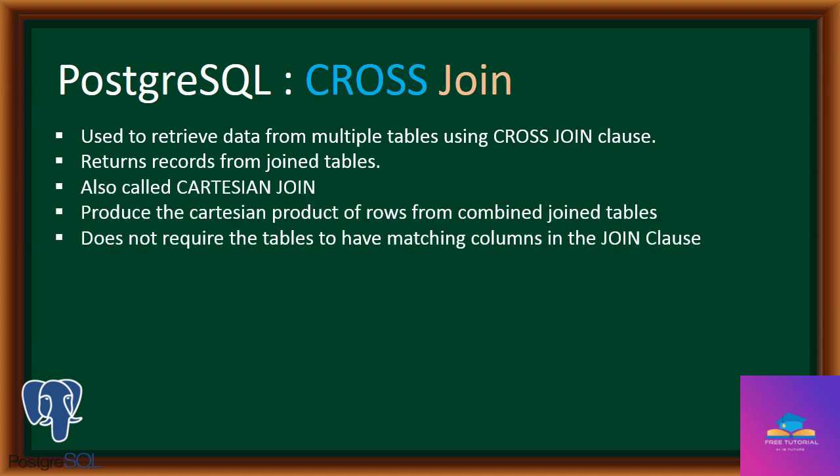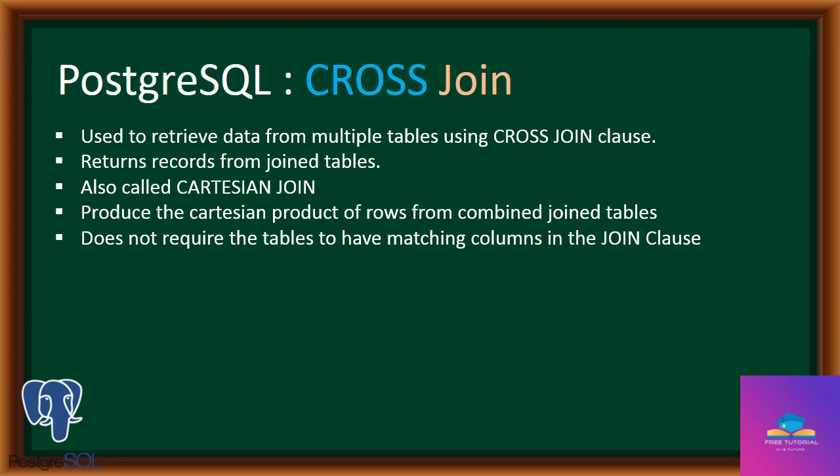The tables participating in a cross join do not have to have matching columns in the join clause, whereas with the other types of join, normally you can specify a condition in the join clause for the matching columns. You don't have to do that with the cross or Cartesian join.